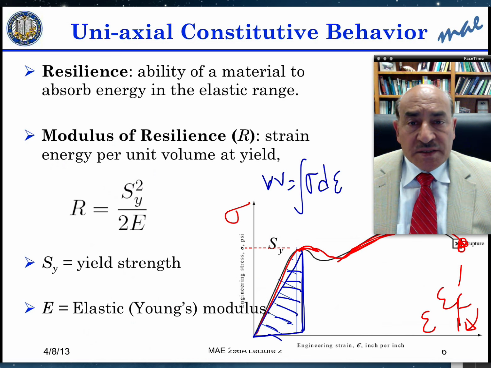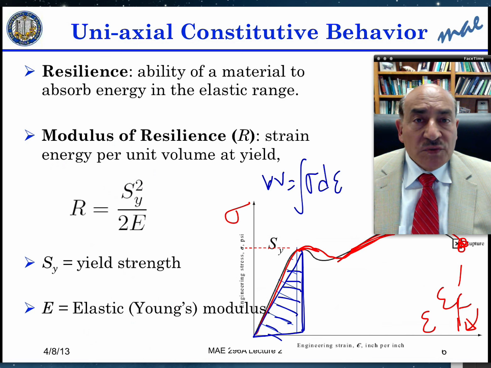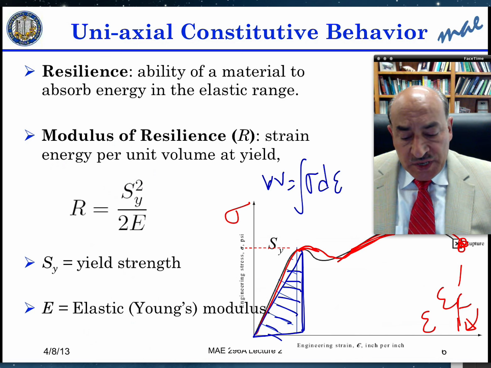Sigma is a tensor, and epsilon is a tensor, so this means it's a summation over all of the different components of the stress and the corresponding components of the strain. Here we have only one component of stress and one component of strain, and therefore we can determine the work done as the area under the stress versus strain curve.